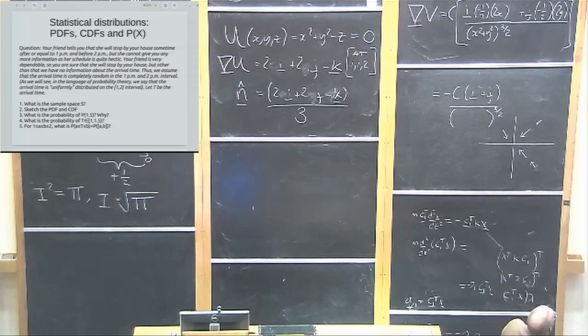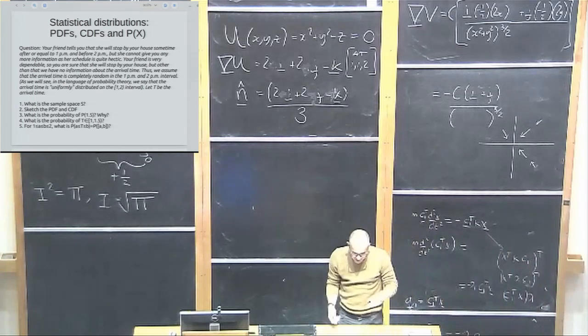When it says she cannot give you any more information, that tells me there's going to be a flat distribution of probability of her arriving between 1 and 2 p.m. Your friend is very dependable, so you're sure she will stop by your house in this time interval. That tells me that's the complete extent of my distribution or density function, and the probability of her arriving between 1 and 2 p.m. is going to be 1. Other than that, you have no information. We assume the arrival time is completely random in the interval 1 to 2 p.m.